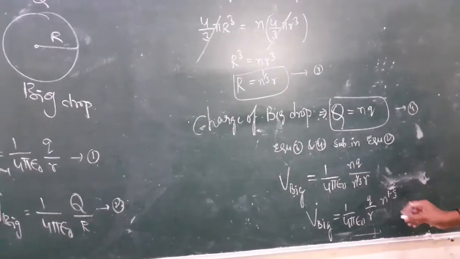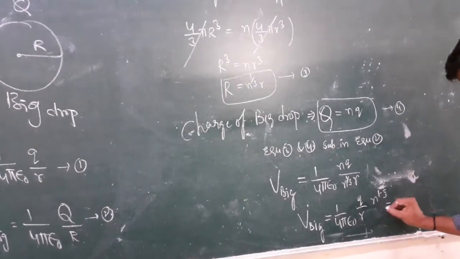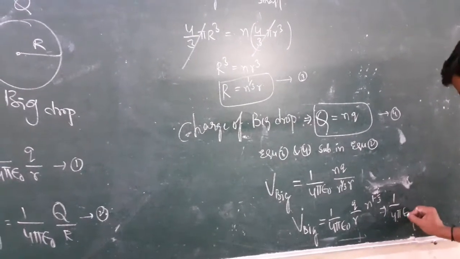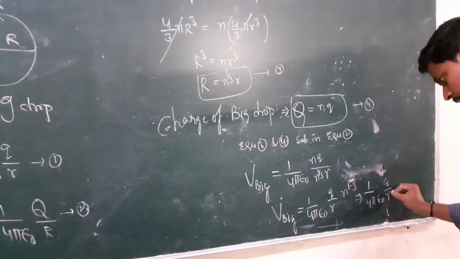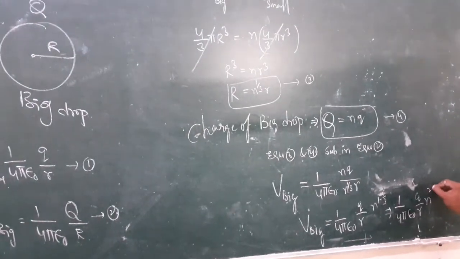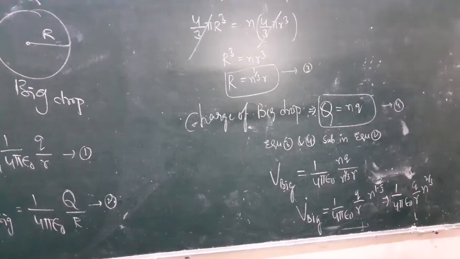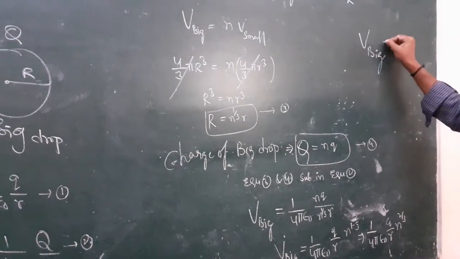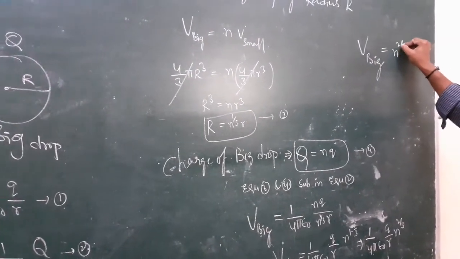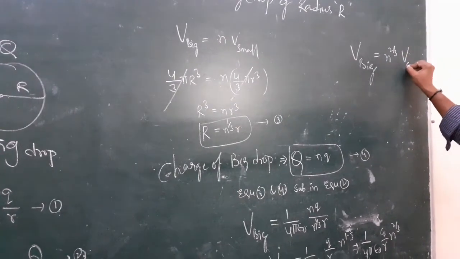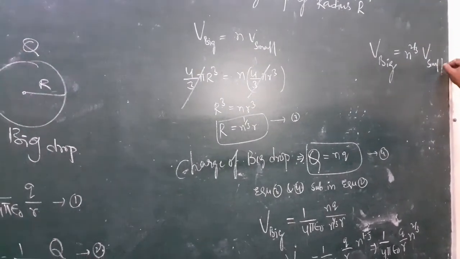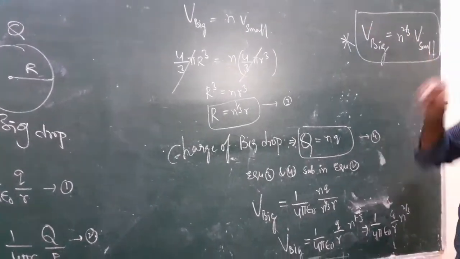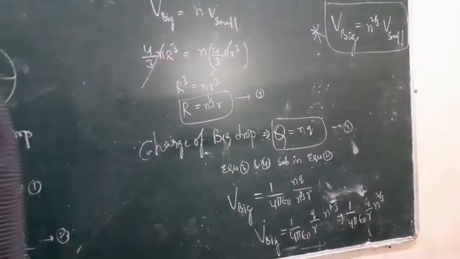Here 1 minus 1 by 3 we can write as 2 by 3, so 1 by 4 pi epsilon naught q by r into n to the power of 2 by 3. So the final relation: the potential of the big droplet is equal to n to the power of 2 by 3 times the potential of the small droplets. This is the relation.